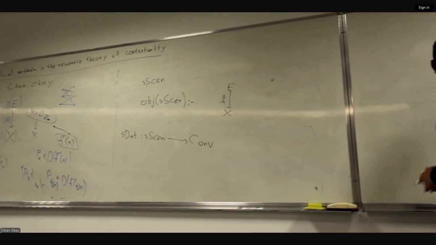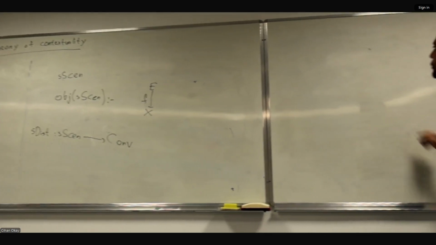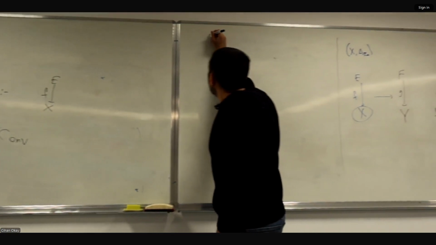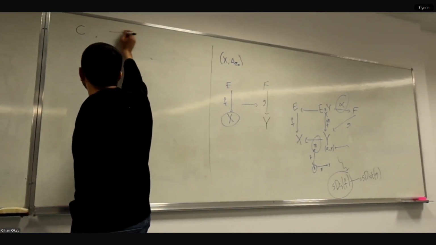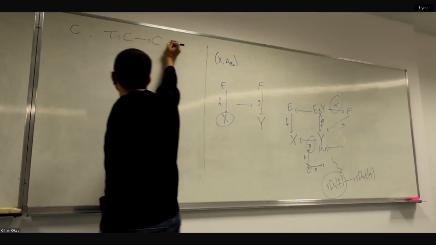Let's start when we have a category C and a monad T on this category.